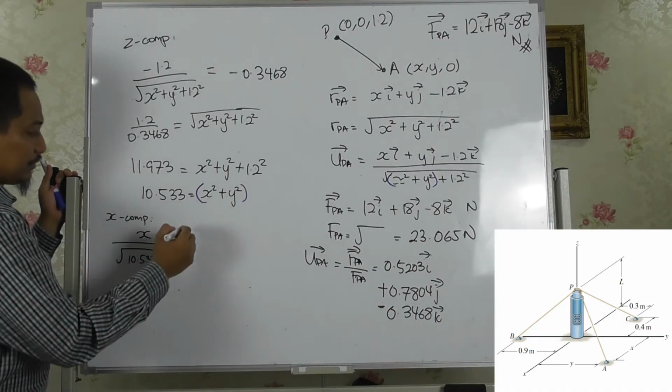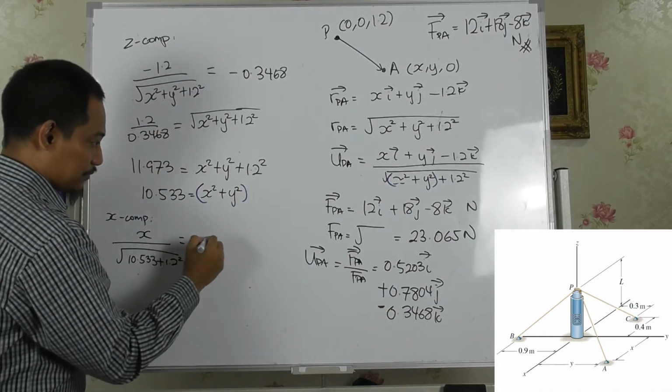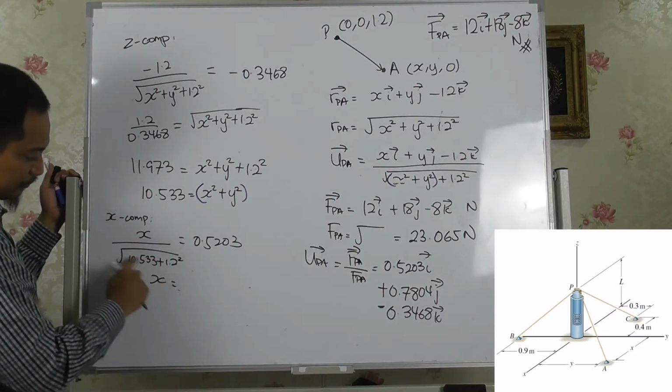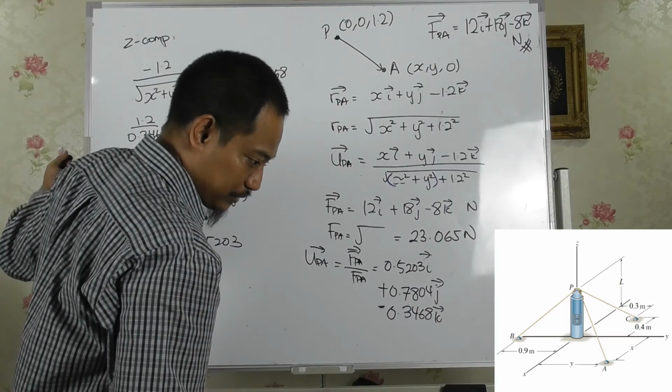This should equal, for X, 0.5203. So if you solve this, you get X equal to 1.8.